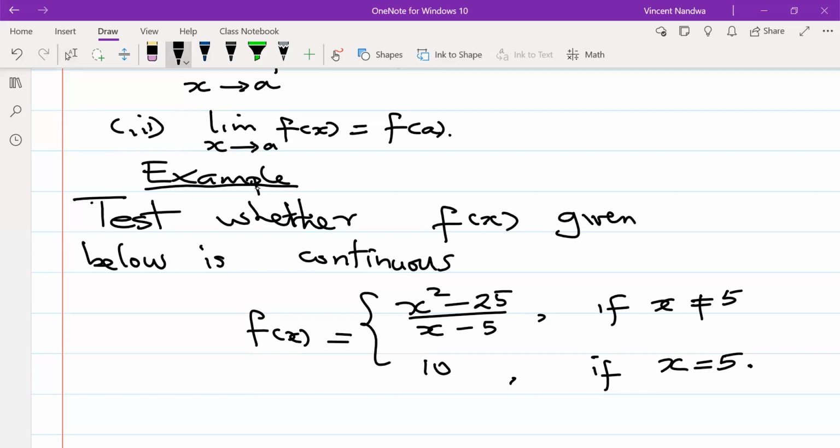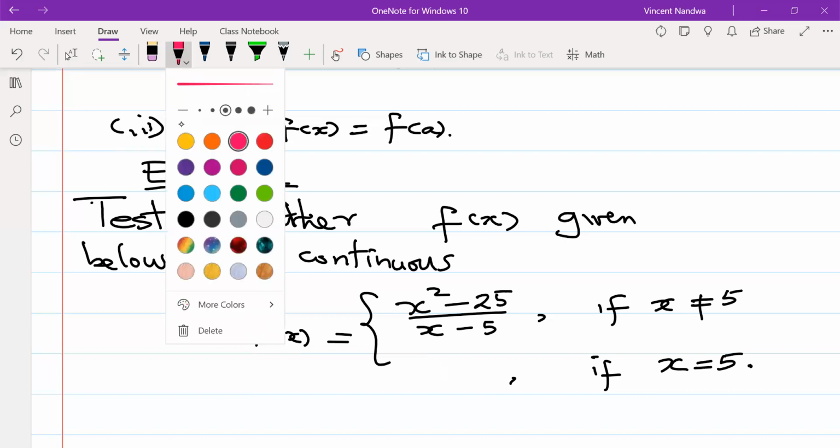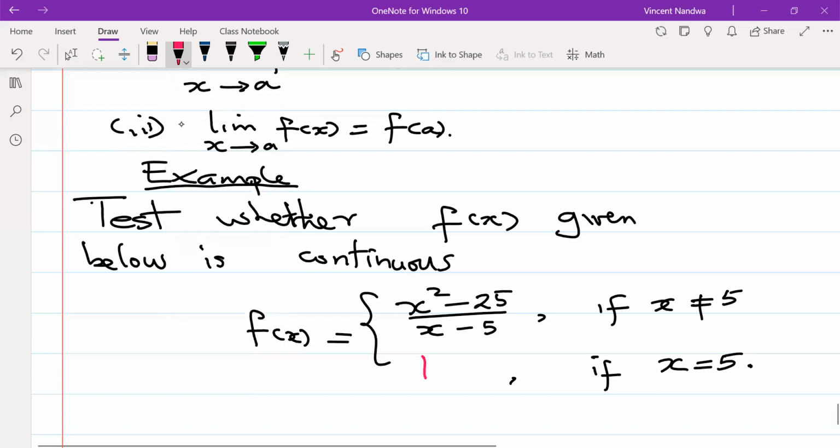This 10 is the second definition of f of x. This function is piecewise defined. That means that the function is defined by two different formulas on its domain.